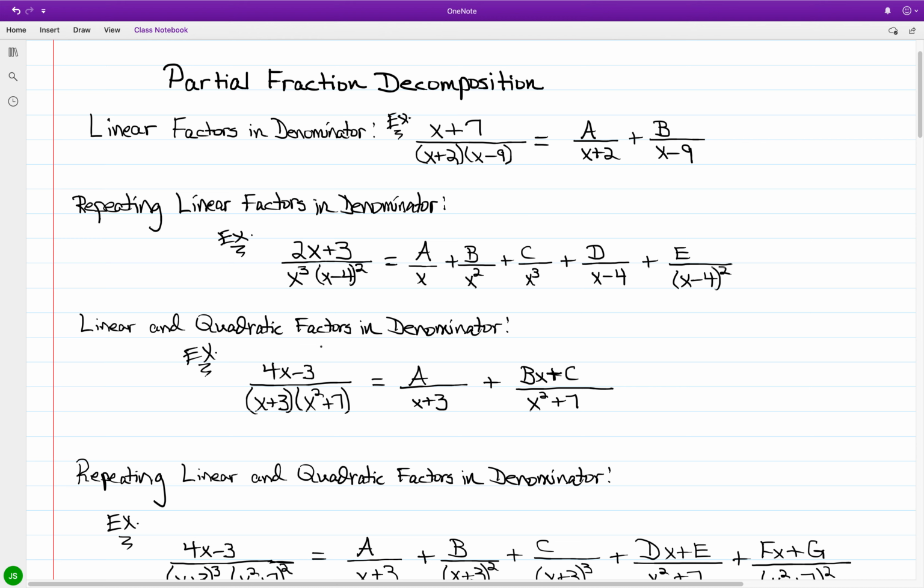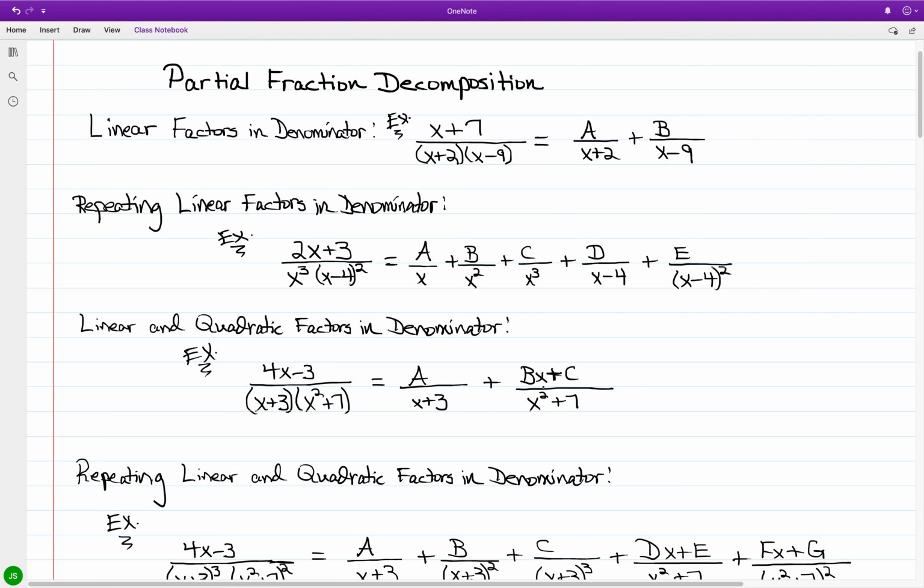Now, in the case where we have the appearance of a quadratic factor, here we have, for example, 4x minus 3 all over the quantity x plus 3 times the quantity x squared plus 7. We have a linear factor with x plus 3, so we have just a constant a over x plus 3. Now for x squared plus 7, this is a quadratic factor since we have x squared at the front. And you're going to have 1 degree difference, again, between the denominator and the numerator.